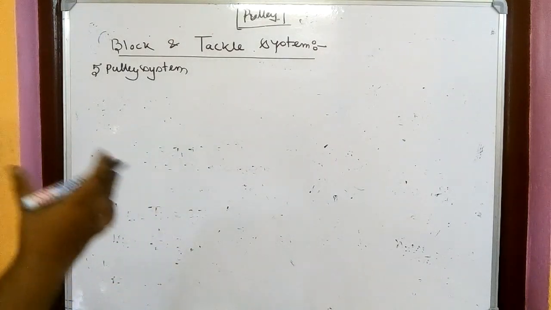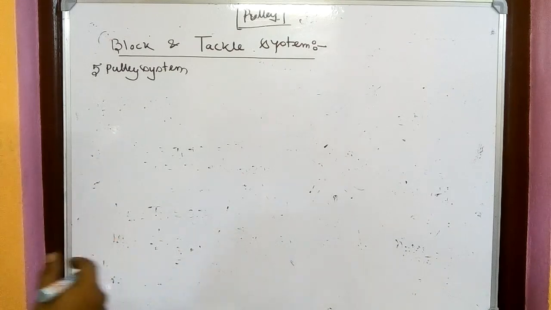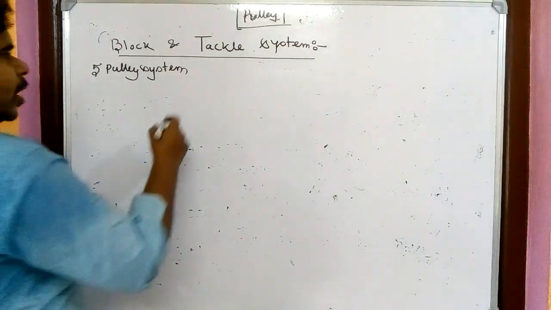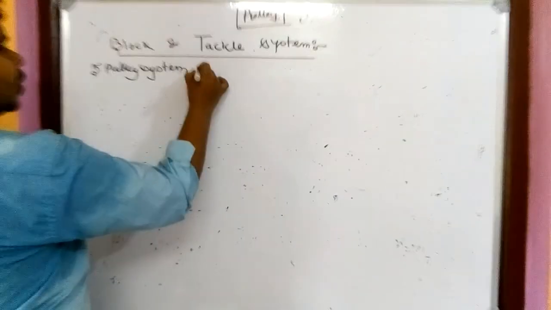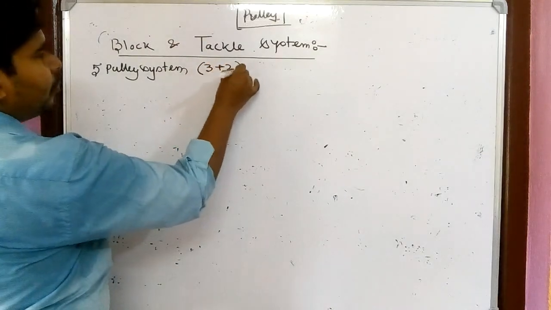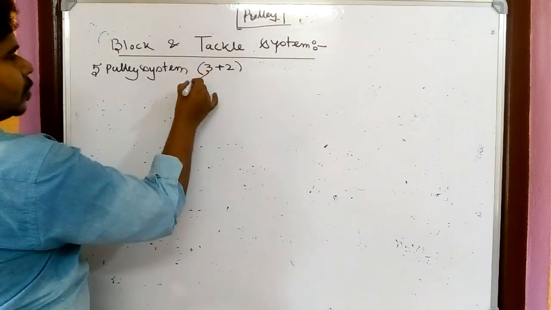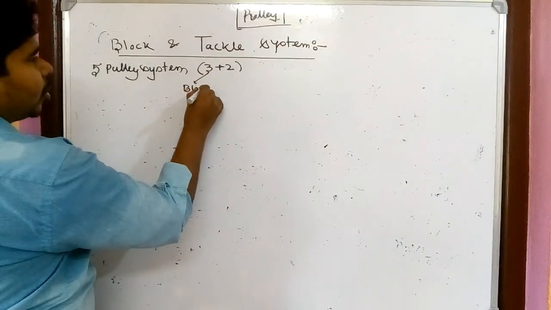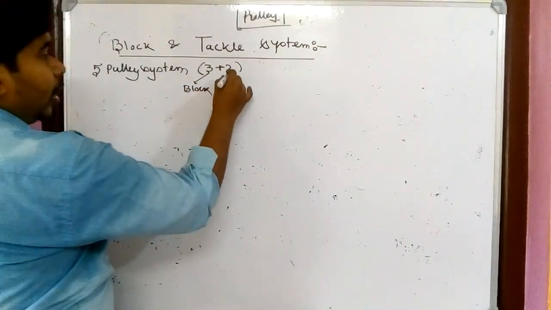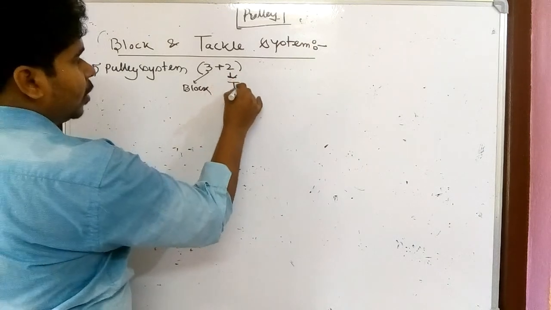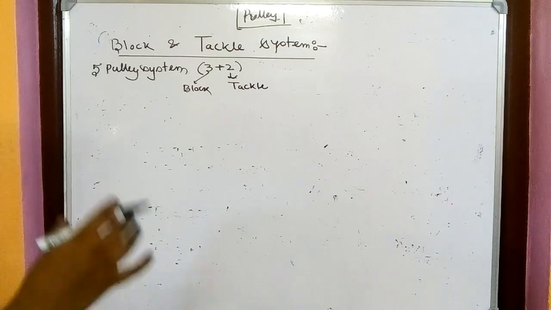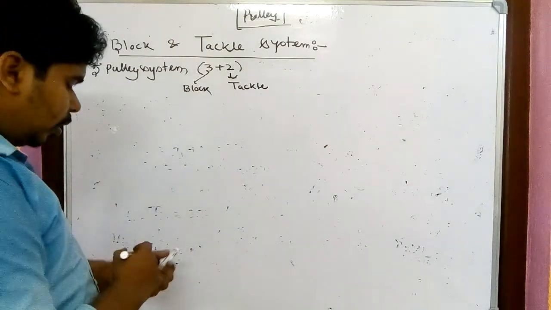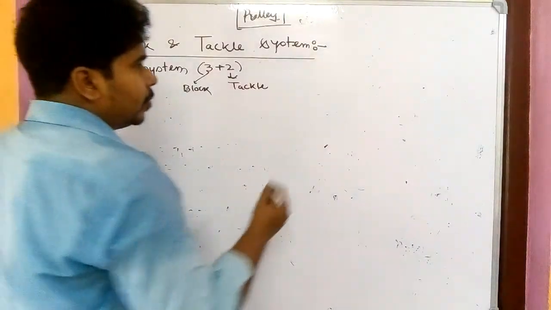So how many pulleys do we take in block, how many in tackle? Simple thing, it cannot be divided equally because it is not an even number, it's an odd number. So we can divide it this way, 3 plus 2. So 3 should be block because it must be greater or equal, and 2 tackle. So number of pulleys in block will be 3, number of pulleys in tackle will be 2. So let's see the diagram.